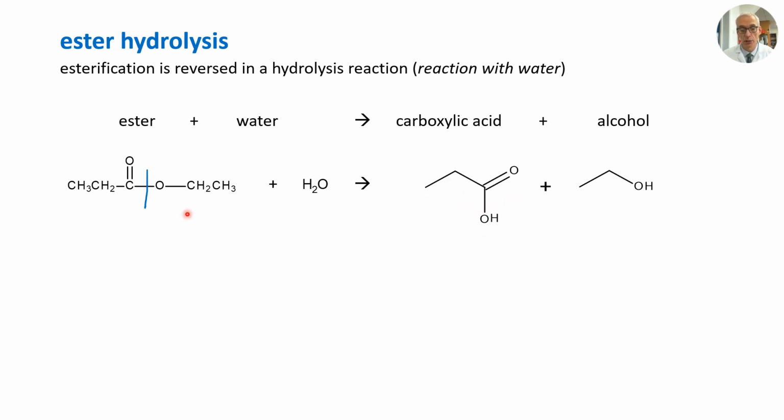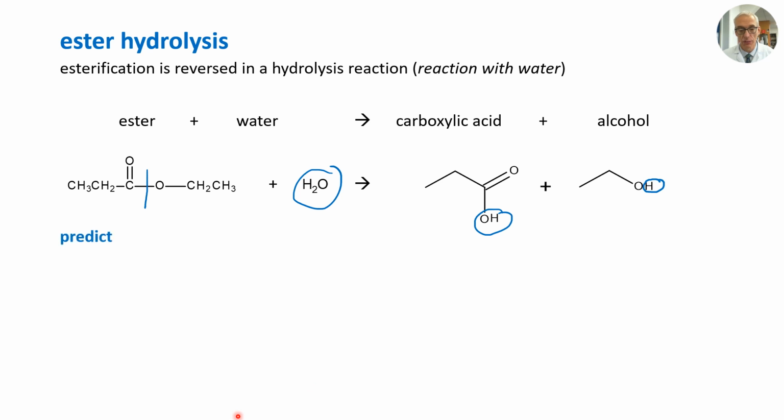We've got 3 carbons here, so 1, 2, 3, so that's propanoic acid, and we've got 2 carbons here, so this is ethanol. Now, where's the water gone? Well, we've added a hydroxyl group here, and we've added a hydrogen here. So very simple, we're breaking with water, hydrolysis, and adding water to reform the carboxylic acid and the alcohol.